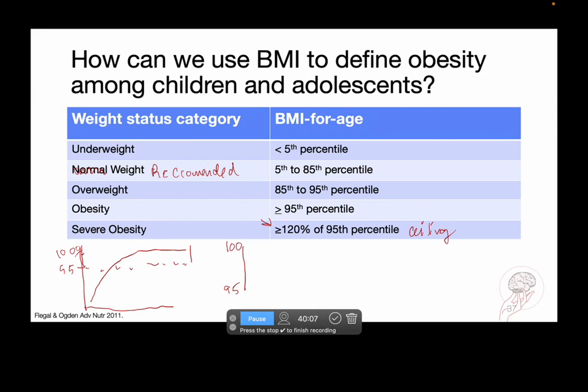And within here, we can get closer and closer, where this is 120% of 95. So what is 120% of 95? Pull out a calculator and do that really quick.